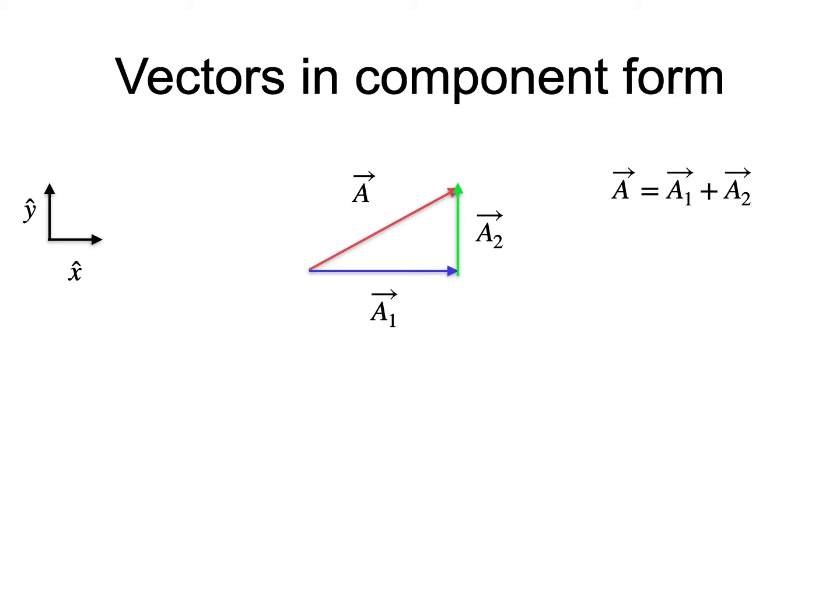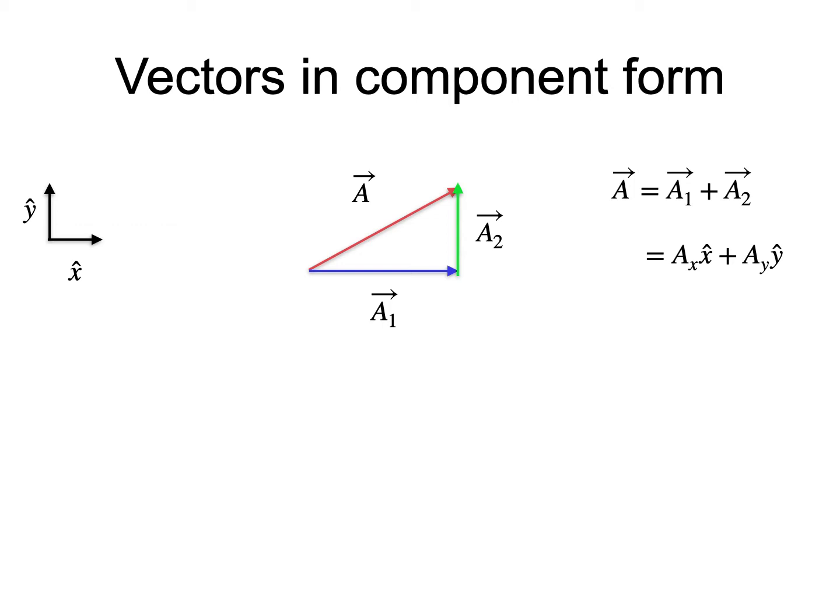There exists a real number which multiplied by x hat can be made equal to the vector A1. We will label it AX. Similarly, a real number can be found that once multiplied by vector y hat will create the vector A2. We will label it AY.